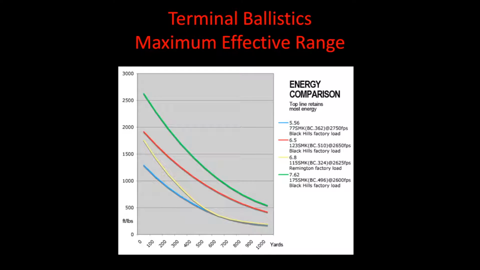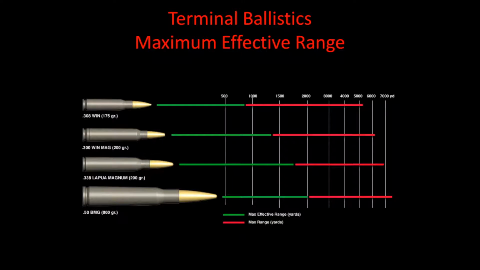So anything above 500 is reasonably effective. You can see that the 5.56 caliber reaches that point at about 500 yards, and the 7.62 or 308 stays above 500 all the way up to 1,000 yards. So in general, depending on the type of your target and how much energy you need to impact it, this can give you a high-level idea of the effectiveness of each caliber and the range for each bullet.